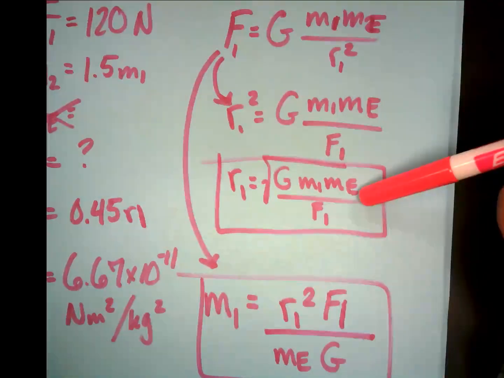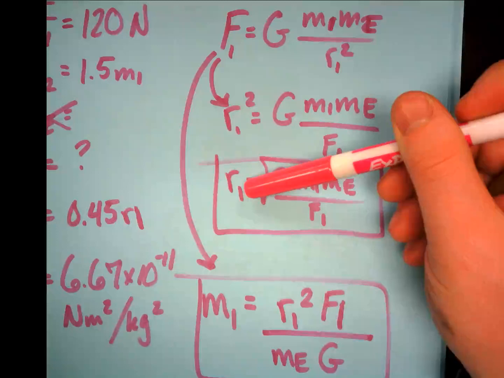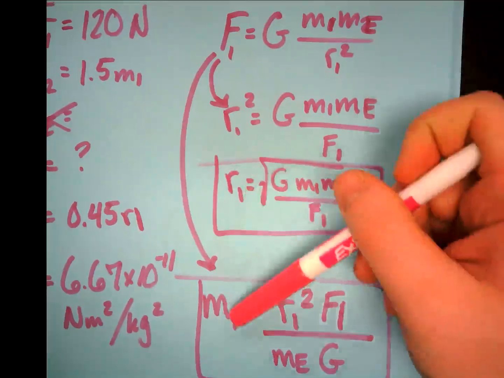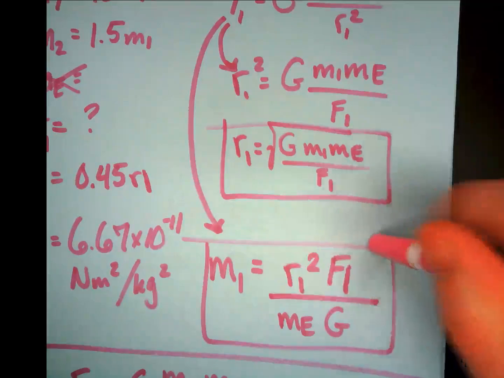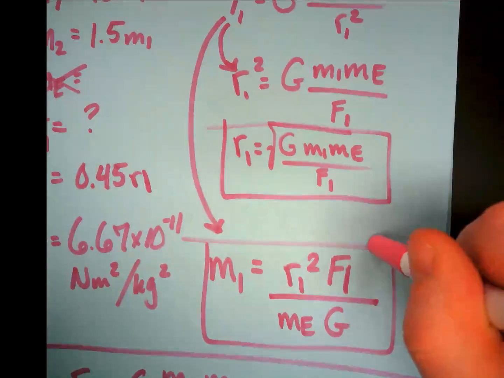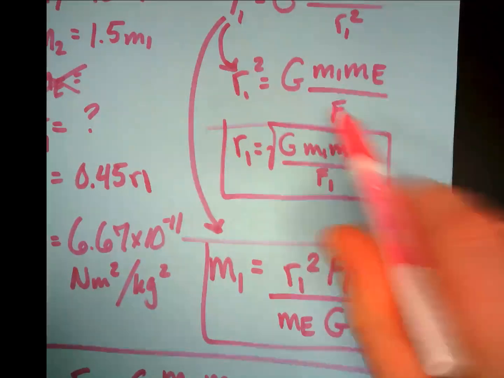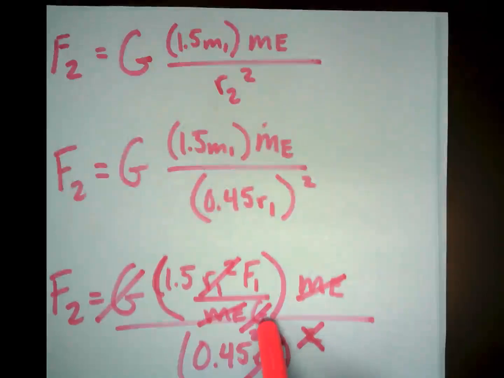Okay, and we were able to substitute here. We were able to first solve for the radius of our first object, mass of our first object, and use one of these two. In this case, we used mass because it was a little easier, arguably. We used that in order to replace a couple of variables so that we could then cancel them out right here.